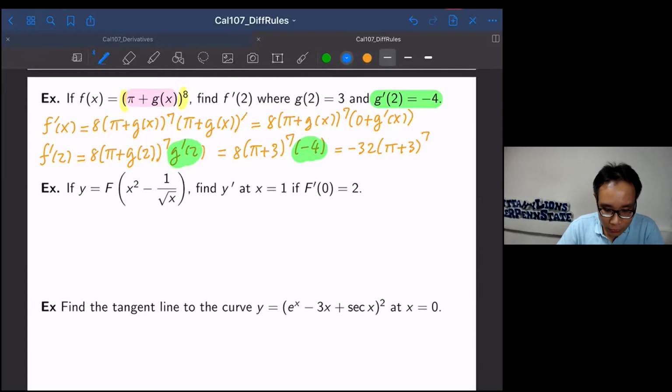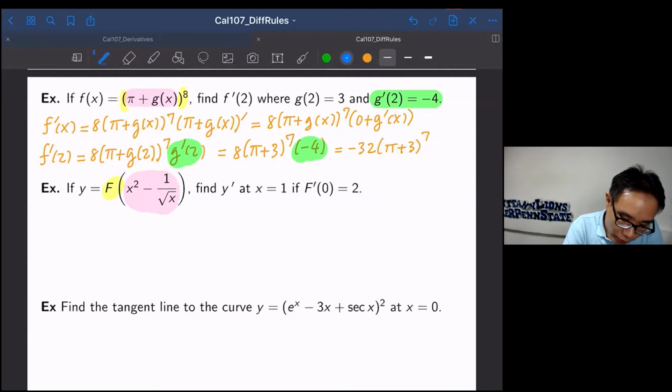The next one, you have y equal to the capital F of (x squared minus 1) over root x. For this one, you see the inside is (x squared minus 1) over root x, and your outside is your function f, the capital F. You'd like to find y' at x equal to 1, and you know f'(0) equal to 2.